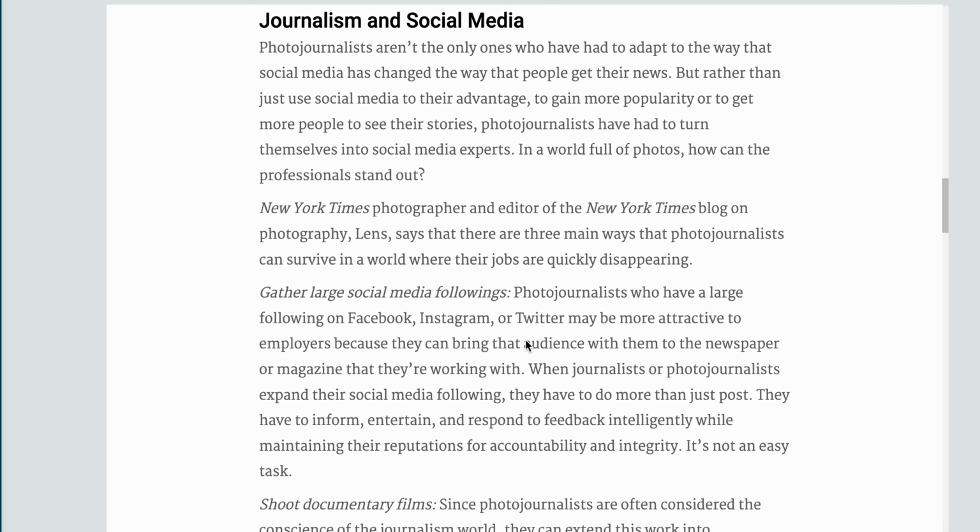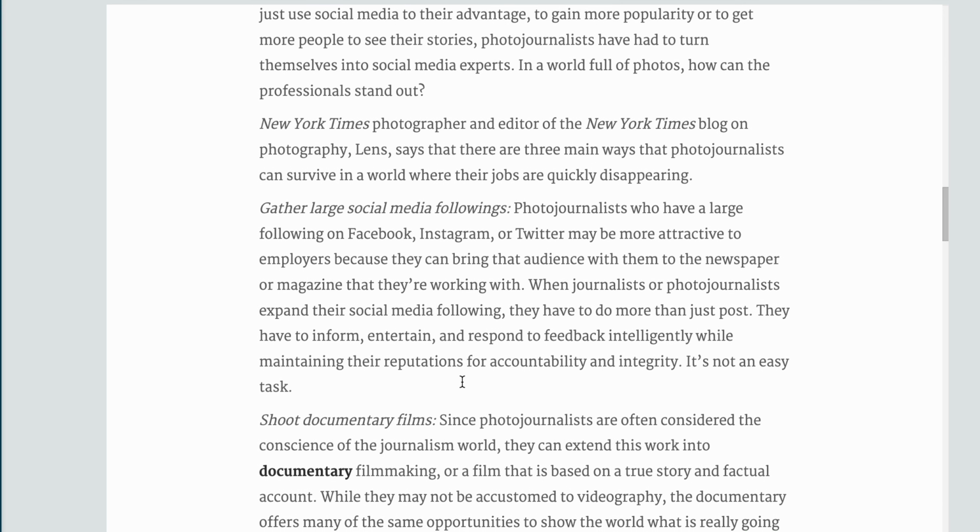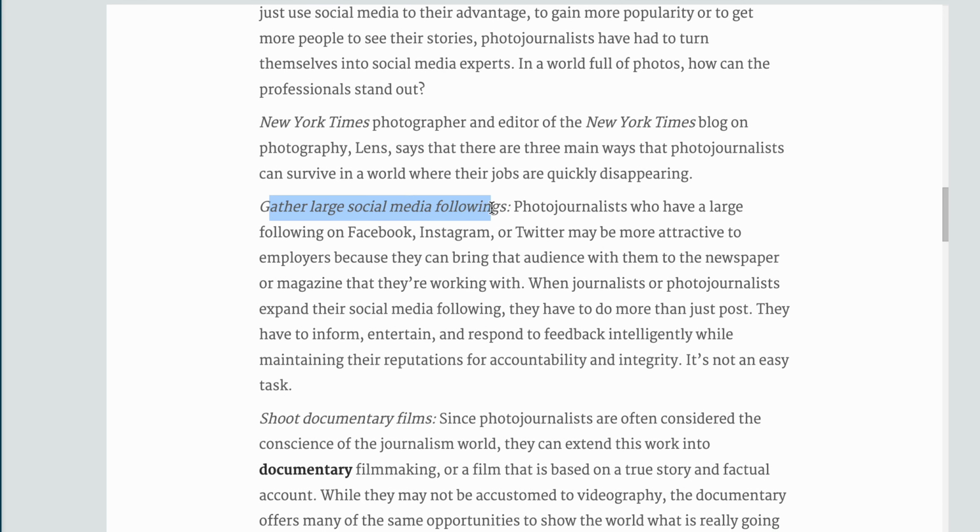Journalism and social media. Now here we have three things that even journalists and photojournalists need to do in order to use social media to their benefit. Number 1, they need to gather large social media followings, because this will allow photojournalists to post and publish their content, and they might get, if you remember, freelance jobs.